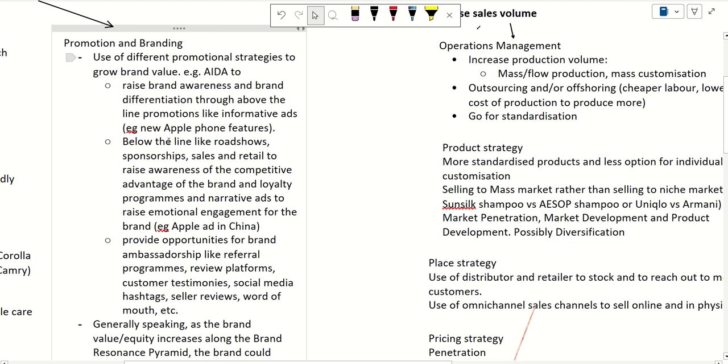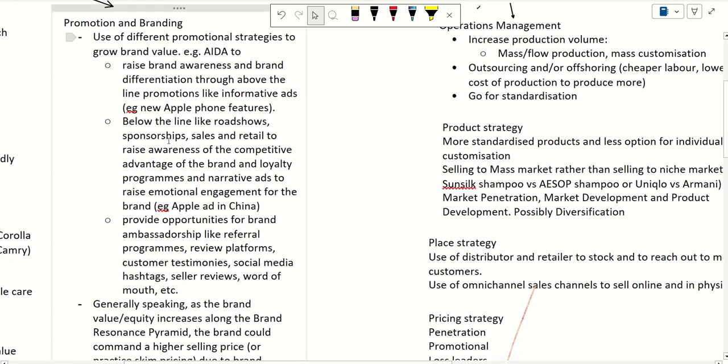Do not just think of promotions as in, oh no, I run advertisements, I do road shows, I have salespeople, I run loyalty programs. That is promotion, yes, but always be more nuanced. Why do you want certain promotions and why do you want to do them? Okay. Of course, AIDA, if you remember AIDA, awareness, interest, desire, and action, right?